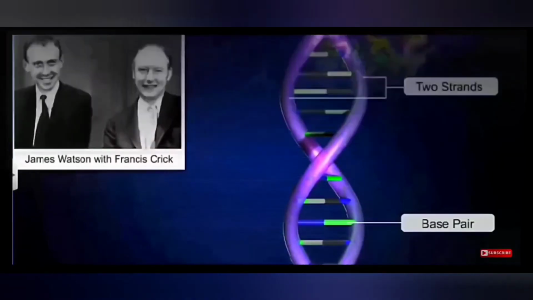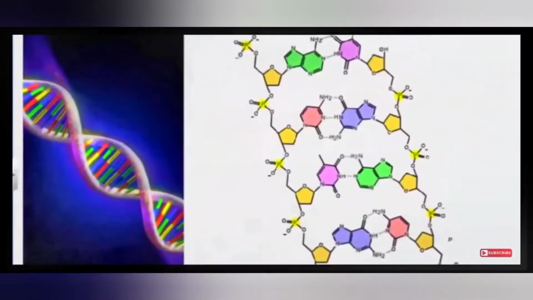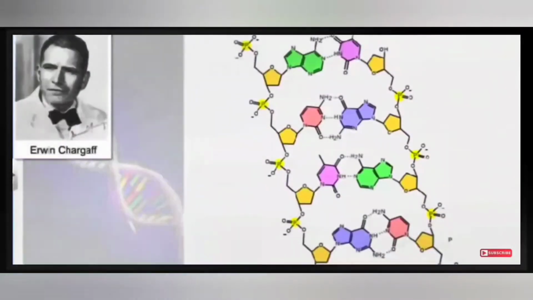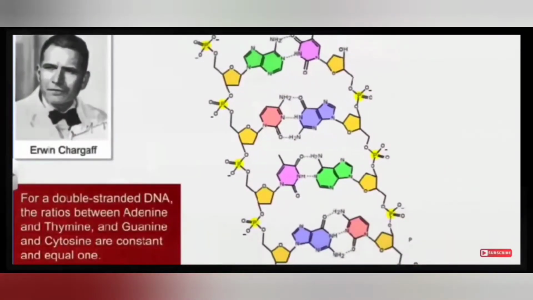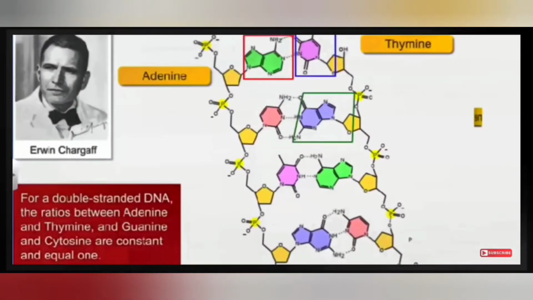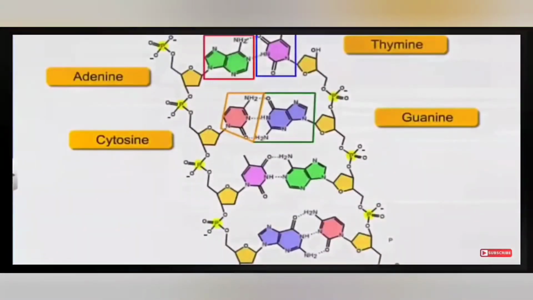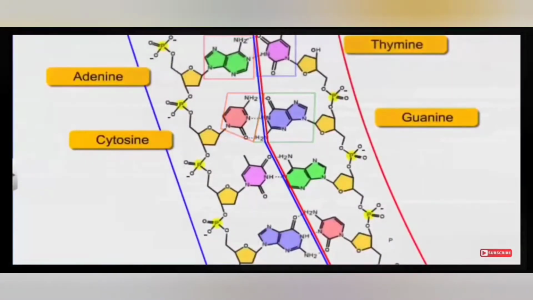They also compiled the work done by Irwin Chargaff, who had explained the complementary base pairing rule. He had explained that for a double-stranded DNA, the ratios between adenine and thymine and guanine and cytosine are constant and equal to 1. This gave a very sturdy structure to the DNA molecule.